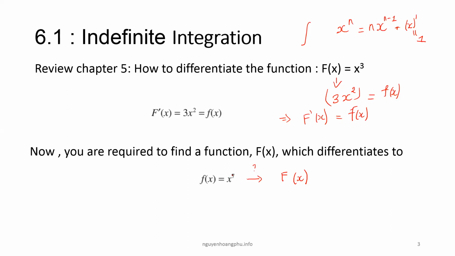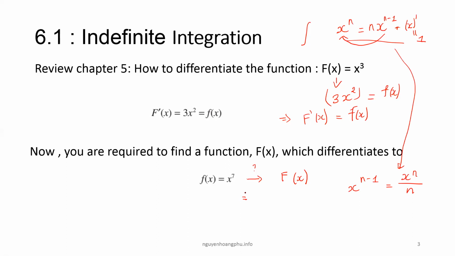To get x power 7, remember, from this one to find this one, you will have x^(n-1) integrated is equal to x^n divided by n, right? From here.